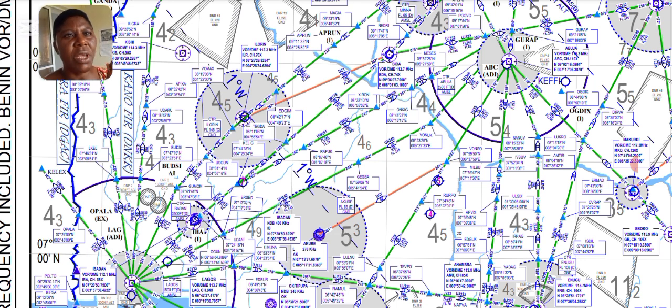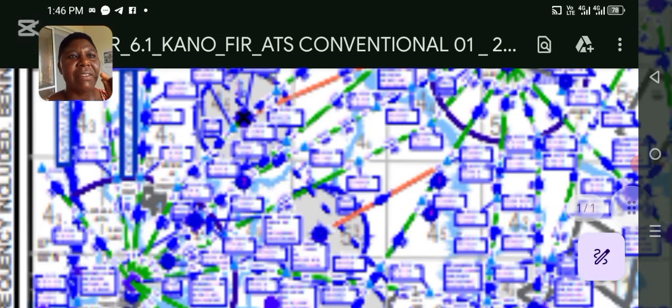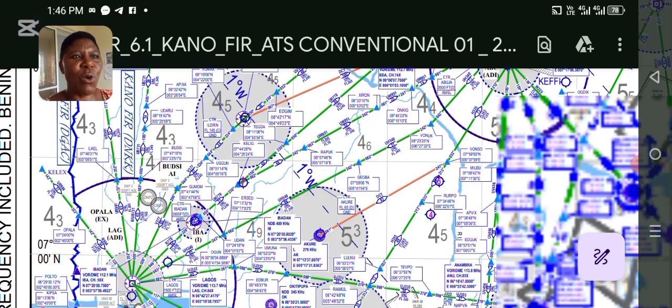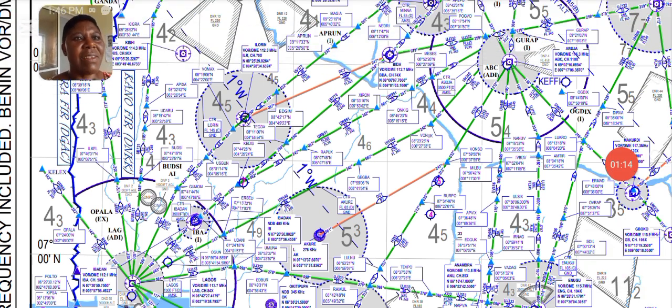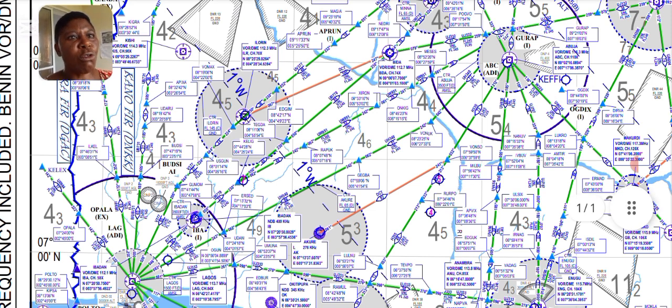Now, on the map you are seeing on the screen, this red line signifies a straight route, or direct flight. It means that from this control zone to the next control zone, the flight goes straight, no stopover.